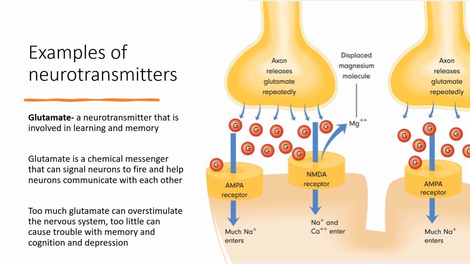Having the right balance of glutamate is important for the function of the nervous system and our overall well-being. If we have too much glutamate, the nervous system can be overstimulated and even be damaged. This can lead to brain fog, anxiety, depression, and even seizures. But with too little glutamate, you may have trouble with memory and cognition, or even develop depression and anxiety.